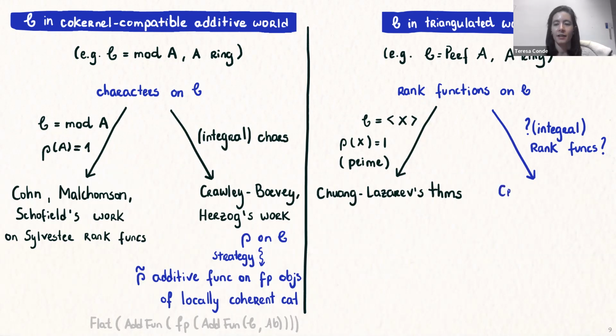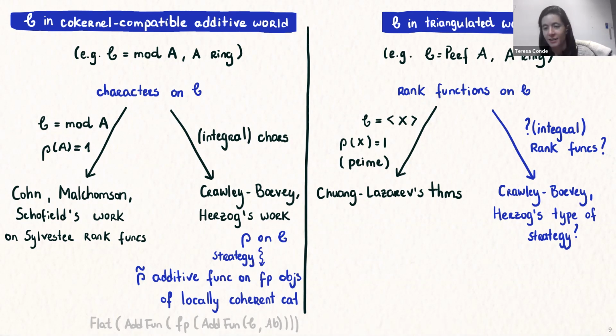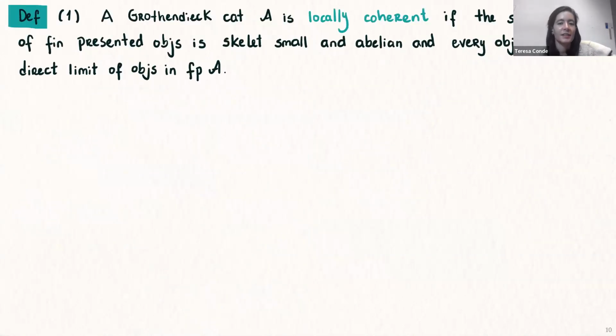Is there any type of strategy where from a triangulated category we can associate maybe a locally coherent one and turn rank functions into these additive functions, which I have not defined yet, and study them in another setting and derive consequences about them? And so that's exactly what we are going to do.